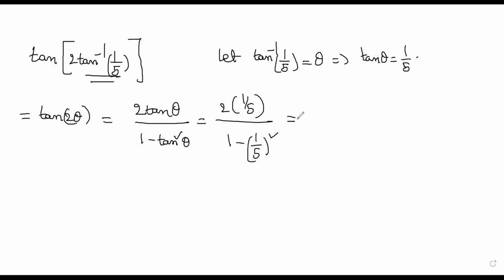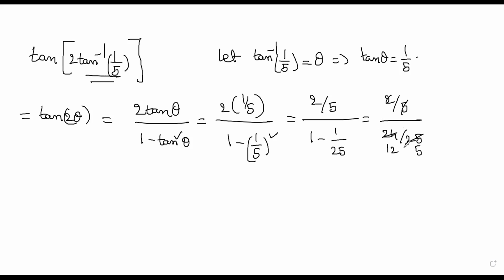So this becomes 2 by 5 on the top, divided by 1 minus 1 by 25. You have 2 by 5 divided by 24 by 25. So the 5 goes into 25 five times, and 2 can be cancelled for 12 times. So the answer will become 5 by 12.